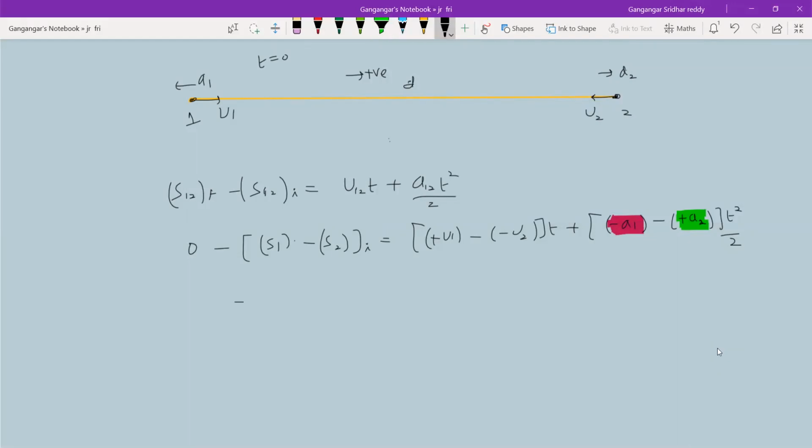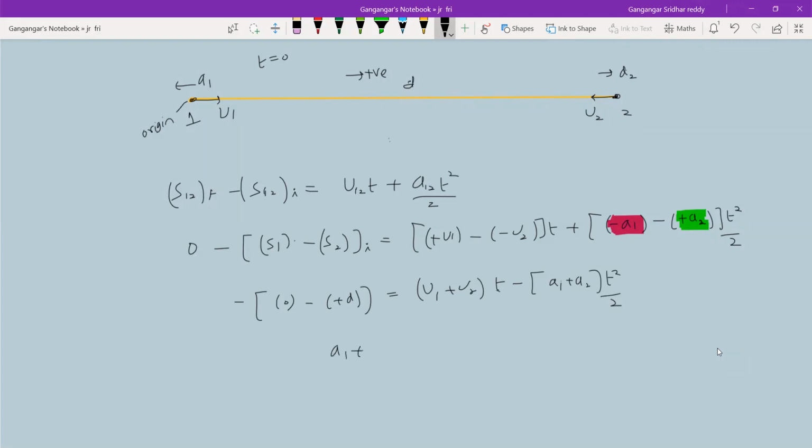So this will be minus of, let me take this as reference, the position, this is the reference origin. So you can take this as origin. This will be plus d. u1 minus u2 t minus of a1 plus a2 t square by 2.